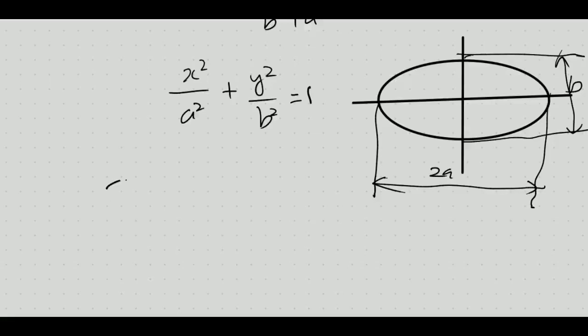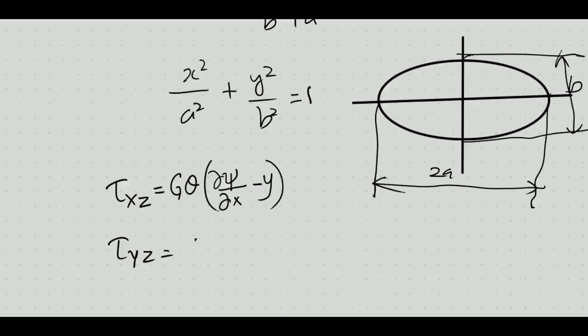We know that shear stress tau xy is equal to 0, sigma x, sigma y, sigma z, all normal stresses are 0, and we have only two non-vanishing shear stresses, that is, tau xz is equal to g theta into dou psi by dou x minus y, and tau yz is equal to g theta into dou psi by dou y plus x.